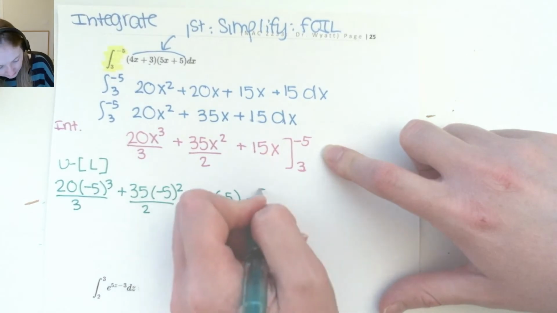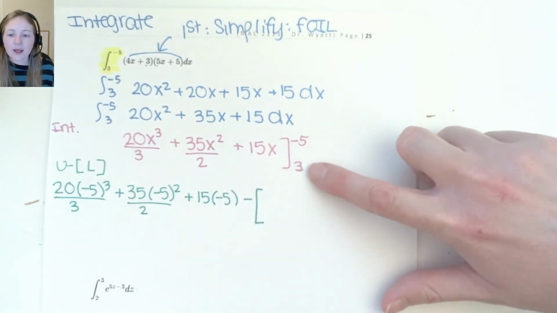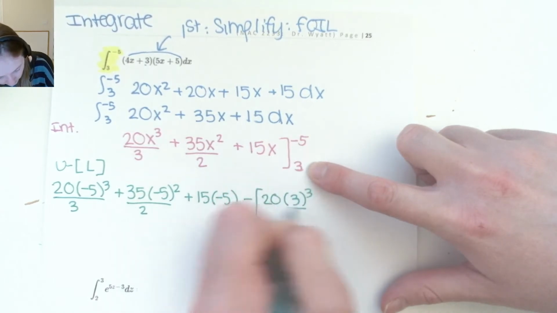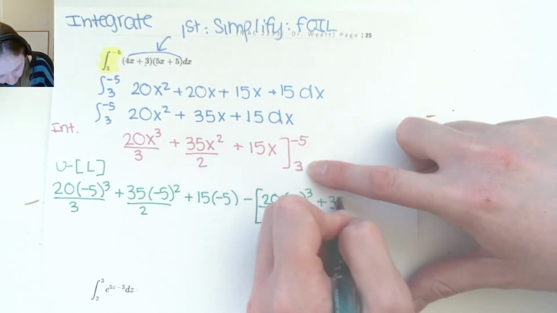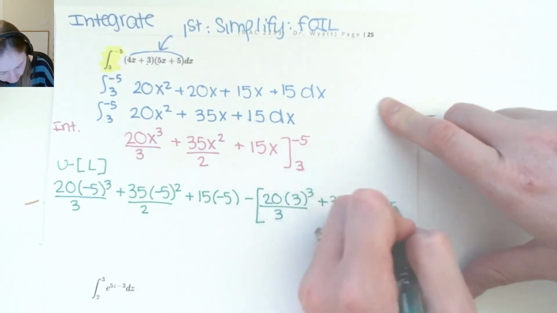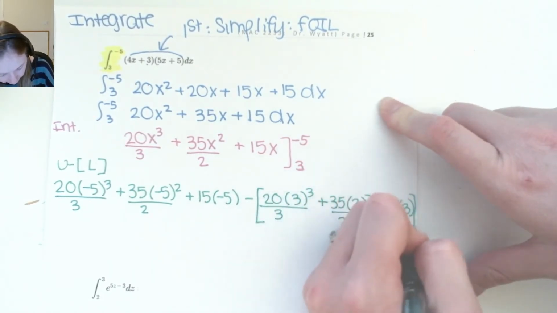And then minus, let me put a little bracket, and then the lower bound plugged in. So 20 times 3 cubed over 3 plus 35 times 3 squared over 2 plus 15 times 3.